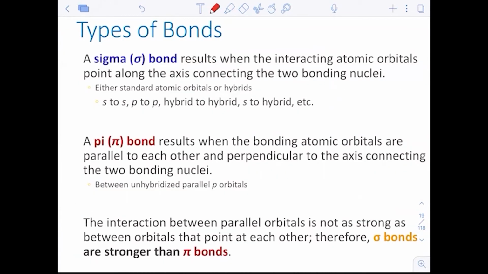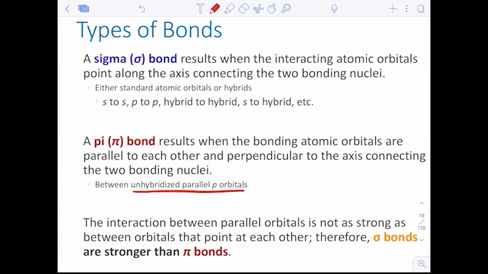Here's where we have our two different types of bonds. Again, the sigma bond is that direct overlap that we talked about earlier. The pi bond is the parallel overlap, now specifically between unhybridized p orbitals.